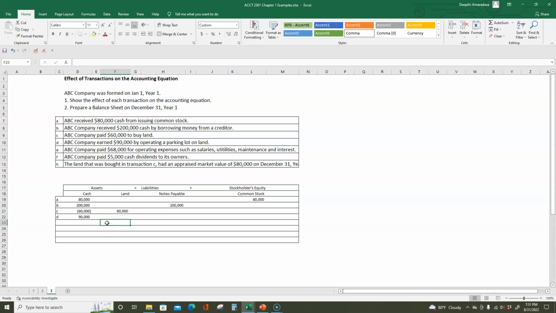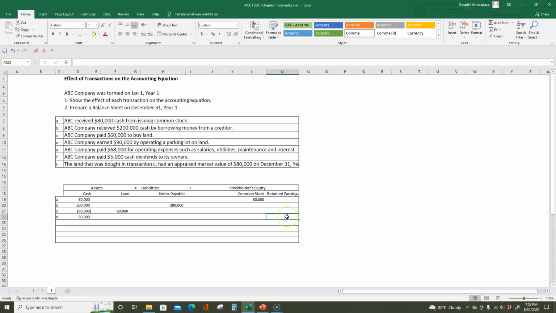But what else happened? Well, our revenue increased by $90,000. But how does revenue affect the accounting equation? You know that revenues affect retained earnings. Retained earnings is a stockholders' equity item. So I'm going to put retained earnings here. And I know that retained earnings is increased by revenue.